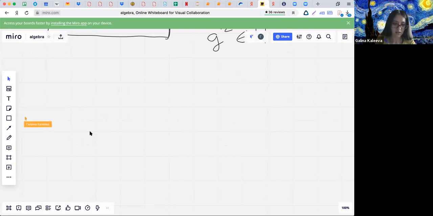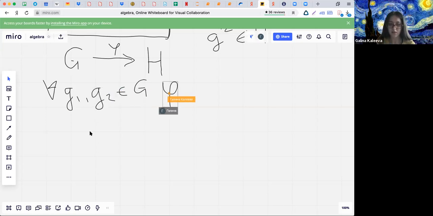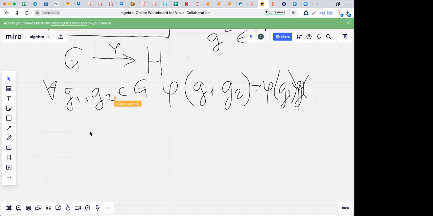Suppose we have two groups, G and H, and some mapping phi from G to H. So this map is a homomorphism when for every two elements G1, G2 of our group G, the operation looks like phi of G1 G2 equals phi of G1 times phi of G2. Agree?